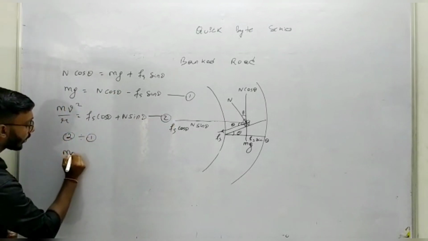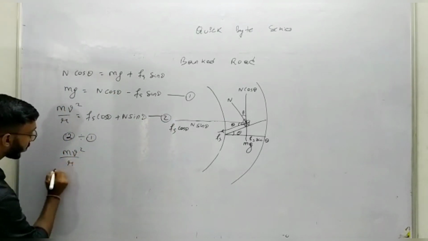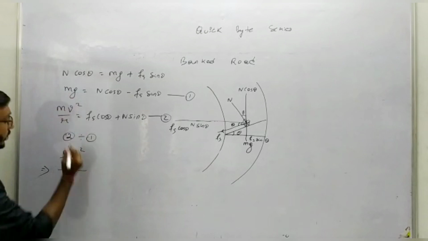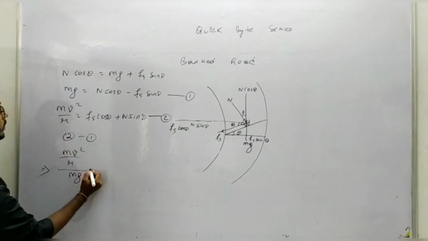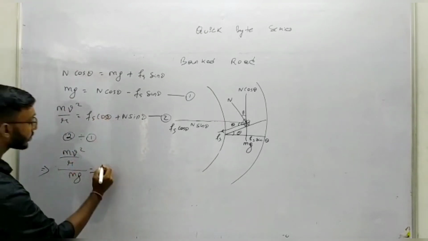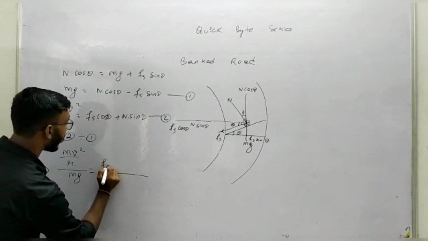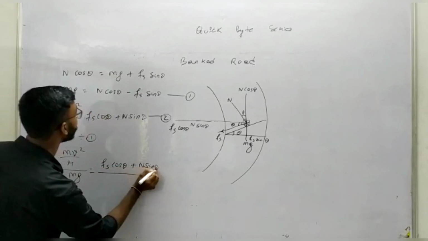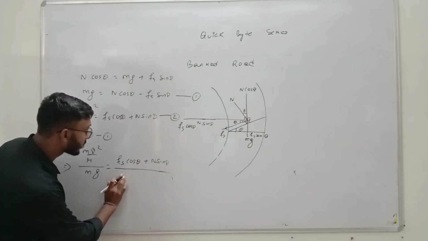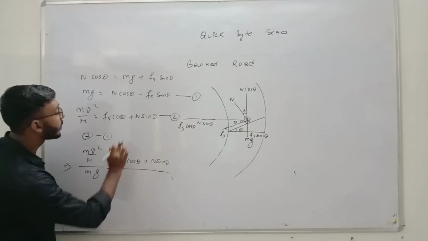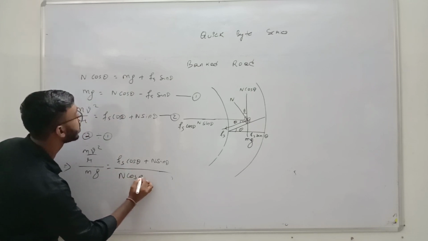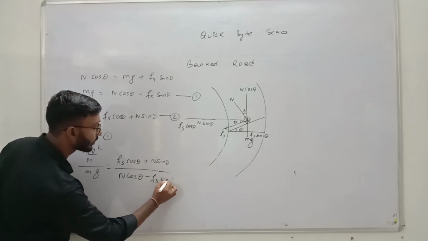Then it will be mv square by r divided by mg, equals Fs cos theta plus N sin theta, and the denominator, of equation 1, is N cos theta minus Fs sin theta.